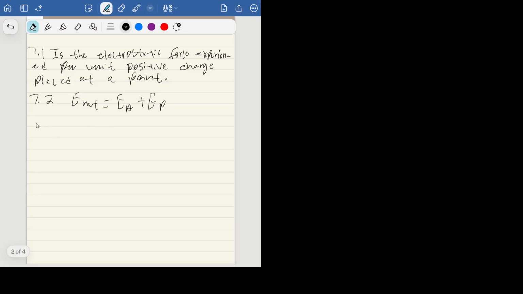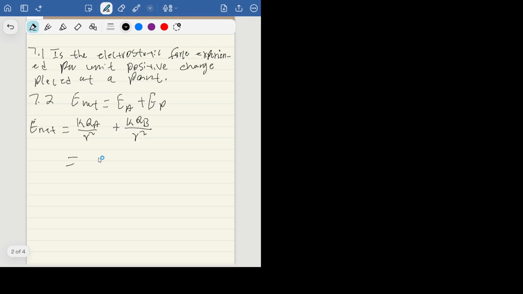Okay, then it will be the net electric field. Now it's going to be K charge A over R squared plus K charge B over R squared.